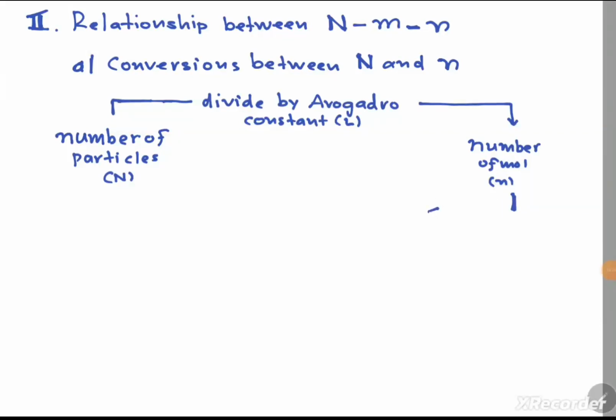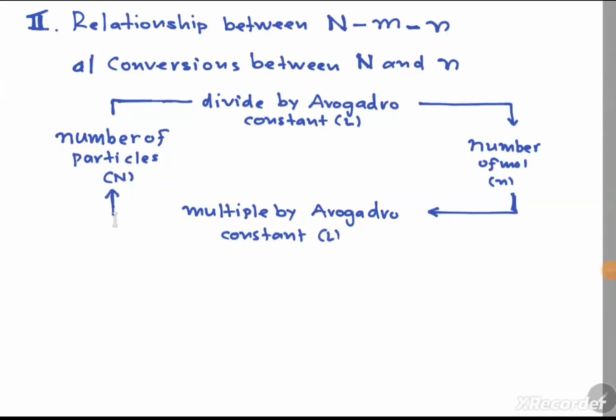And from the number of mole, if we multiply by the Avogadro constant L, we'll find the number of particles.